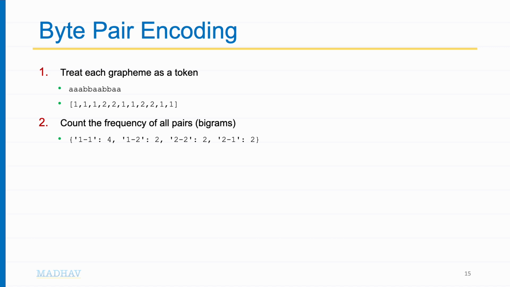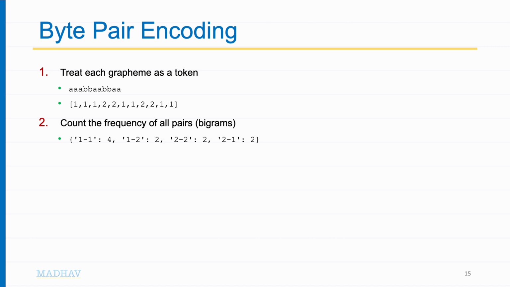Whatever is the most frequent pair, you make that a new token in your vocabulary. You keep applying this iteratively until you reach your upper limit of vocabulary. Let's say there are only 2 tokens to start with, and I want to go from 2 up to 4 tokens.